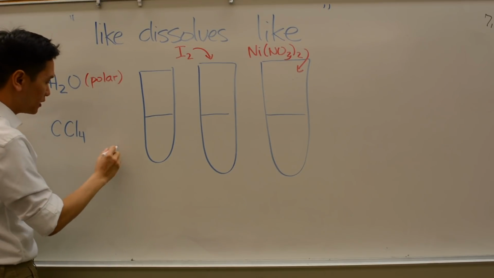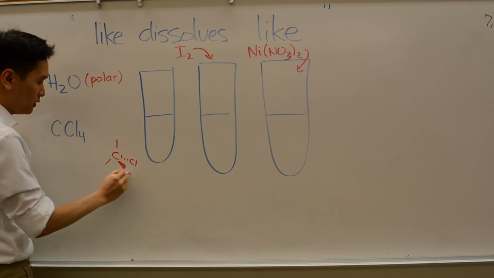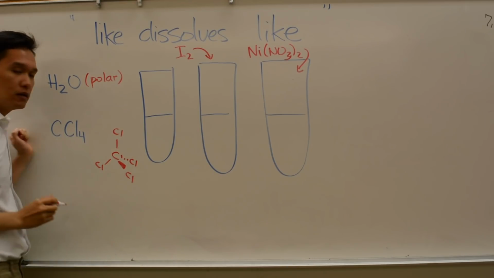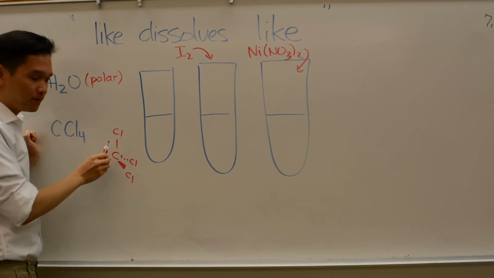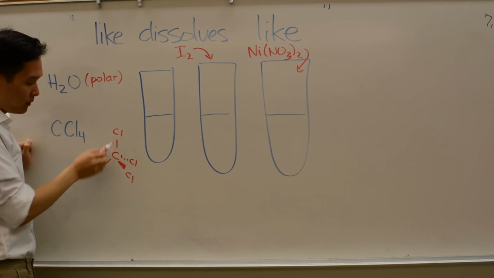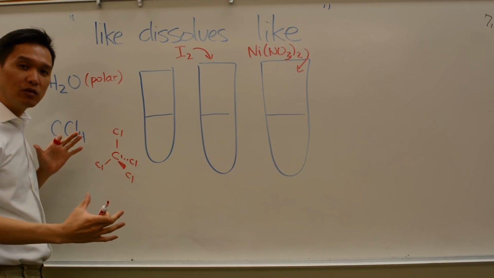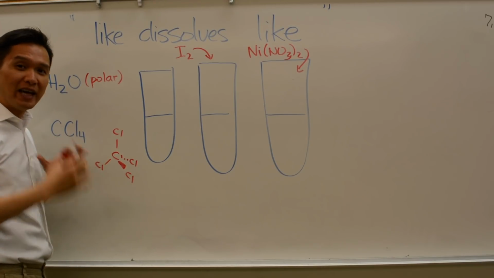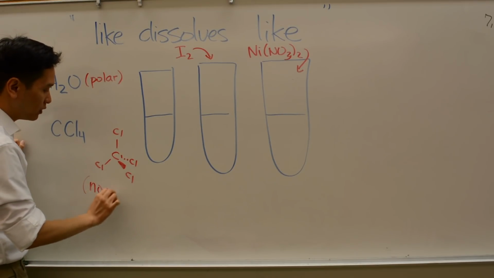And the shape of this molecule would be tetrahedral. Because of the very good geometry, even though this is a polar bond, this is a polar bond, and these two are polar bonds, they pull with equal strength away from the center, canceling each other out. So this is actually a non-polar molecule.